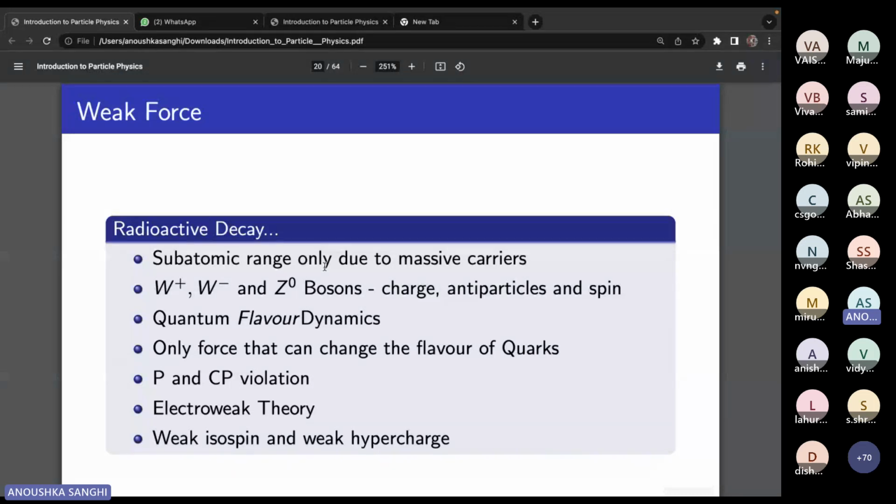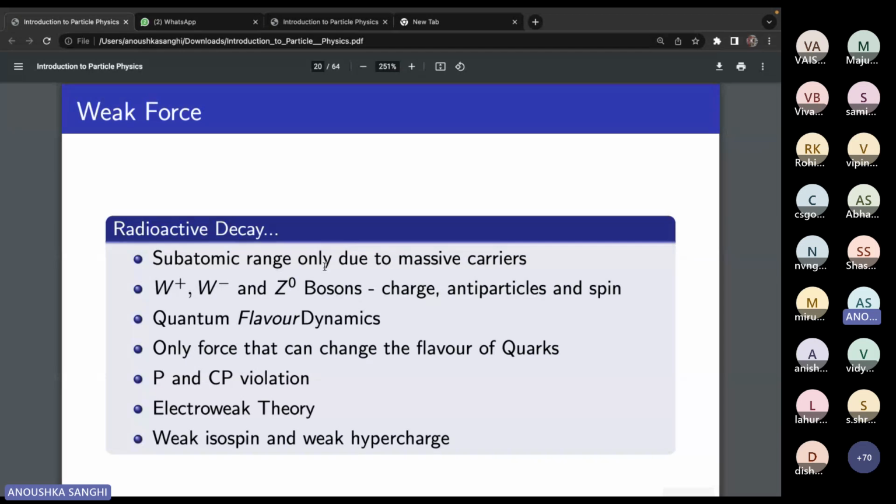Take a top quark, first under electromagnetic conditions.